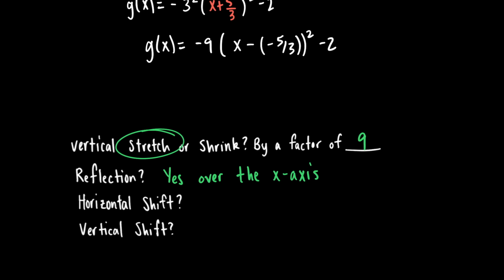There is here. The horizontal shift is going to be right there, so it's going to be left by 5/3, and there will be a vertical shift as well of down 2. So generally, if this is plus something, that means you're going to move up that amount. If it's negative something, you'll move down that amount.